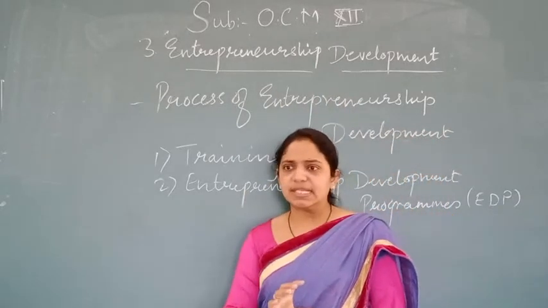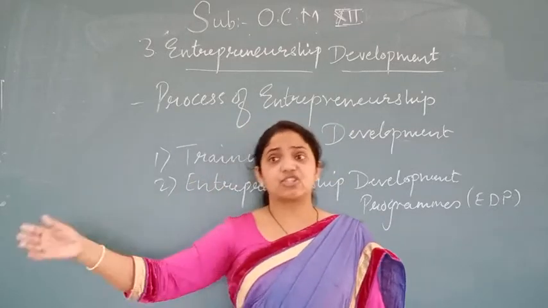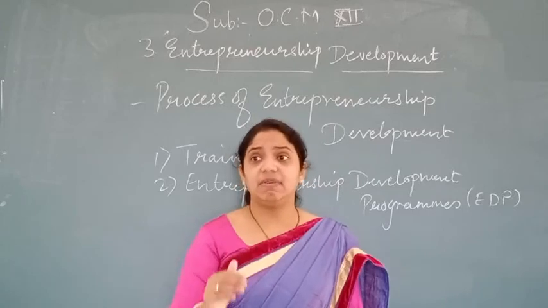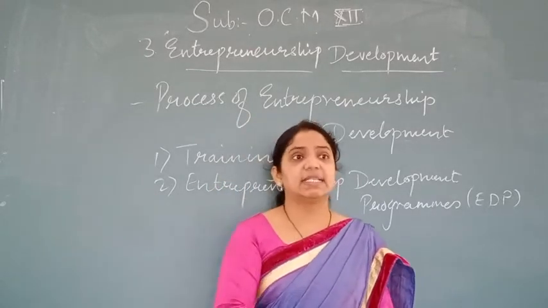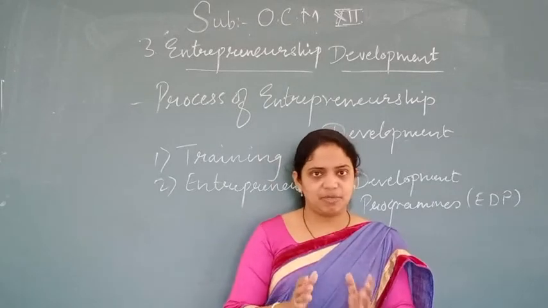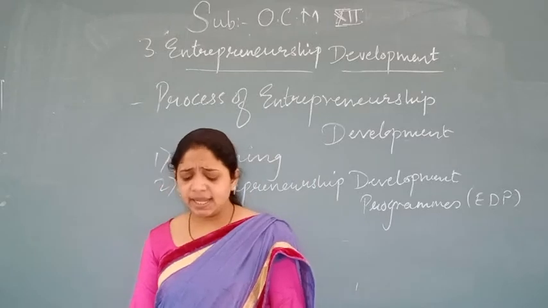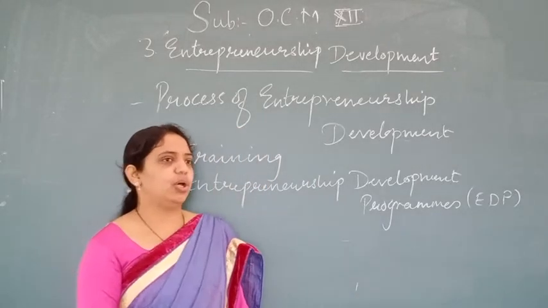So some are born entrepreneurs, but the rest of them are made by giving them special training, special education, special skills, etc. Do you agree with this statement? Yes. So let's move ahead. Hence today there is a need of training to produce eligible future entrepreneurs.